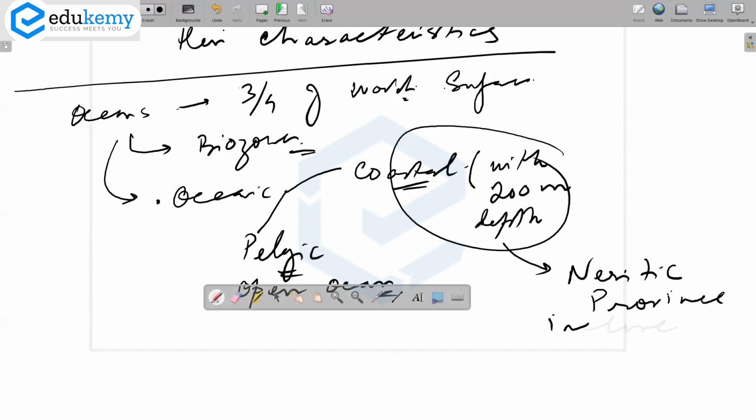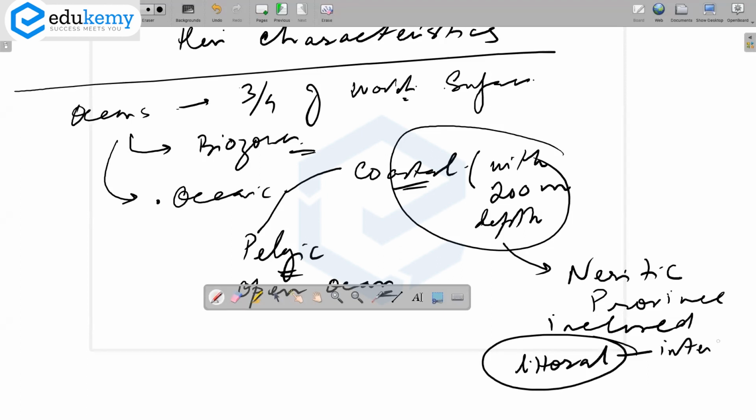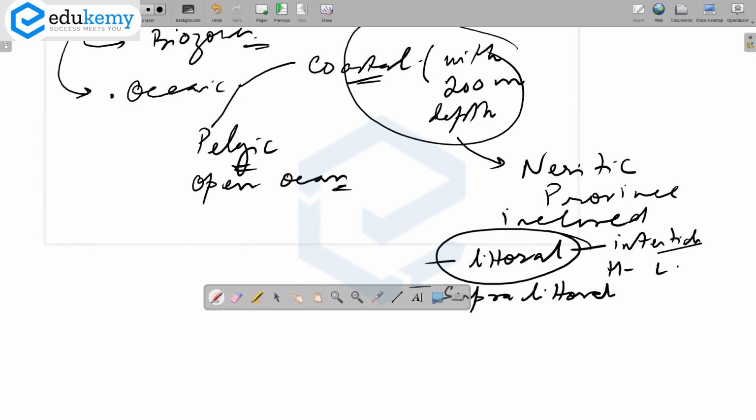This includes littoral, which means intertidal, between the high tide and the low tide. Coastal also includes supra-littoral. Supra means above the high tide. It is also called the spray zone.